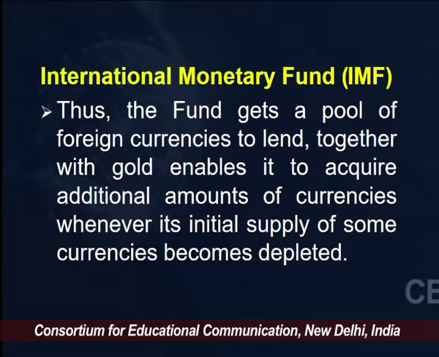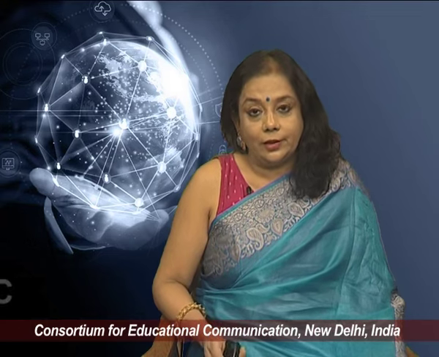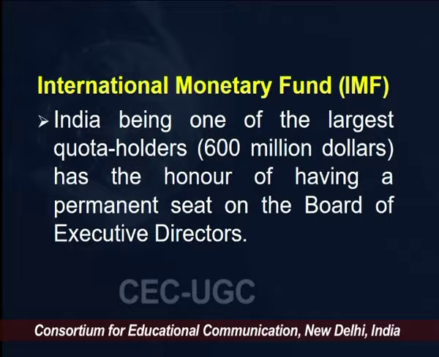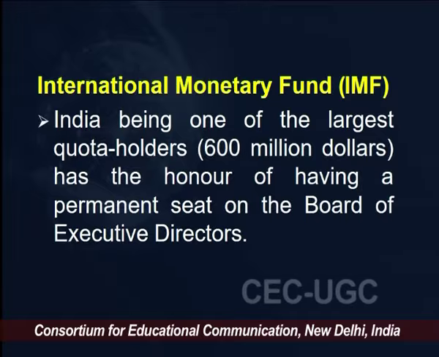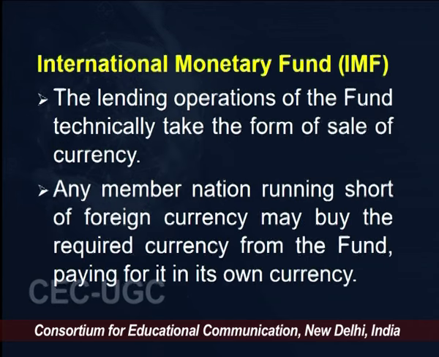Together with gold, it enables it to acquire additional amounts of currencies whenever its initial supply of some currencies becomes depleted. So, in a way, this fund is a huge fund with a pool of foreign currencies as well as gold. India, being one of the largest quota holders, that is $600 million, has the honor of having a permanent seat on the board of executive directors.